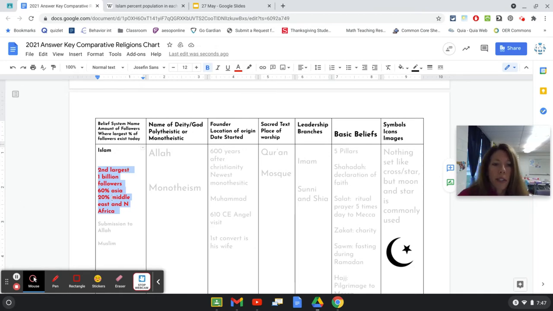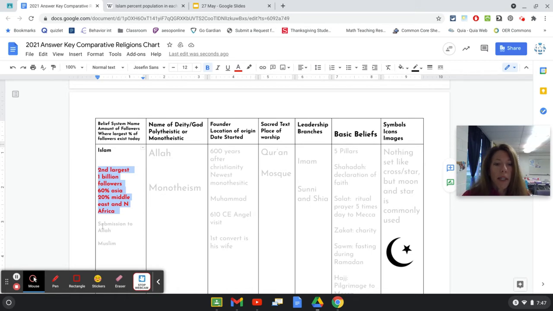And 60% of the people who practice Islam are in Asia, 20% in the Middle East and North Africa. And you're going to say, well, that's only 80%. The rest are sprinkled throughout the world, including North America and the United States. So jot that down. You can use shorthand, but make sure it's something you can remember when you go back to study.